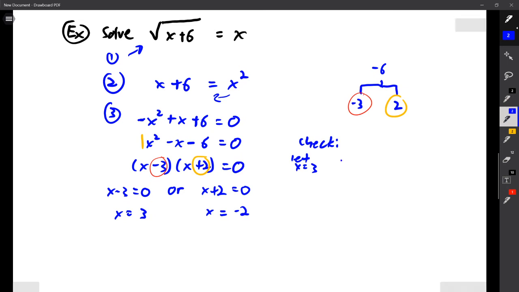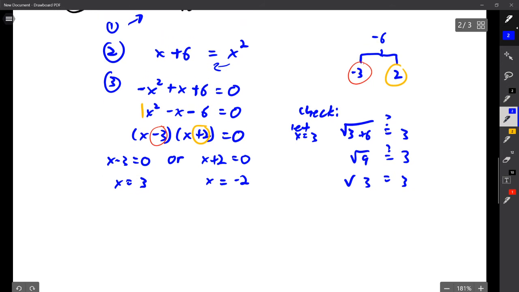Is it true that the square root of 3 plus 6 equals 3? Well, this is the square root of 9. Does the square root of 9 equal 3? And square root of 9 is 3, so yep, 3 equals 3. Okay, that one checks out.